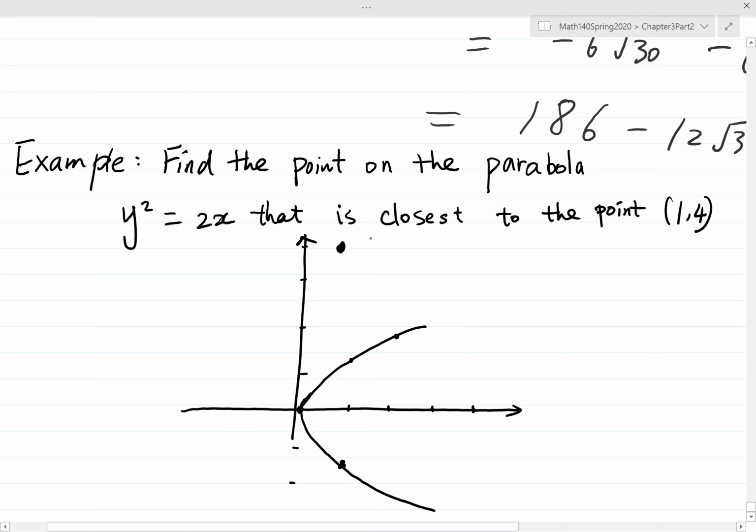Okay, so P is (1, 4). Now the closest distance.